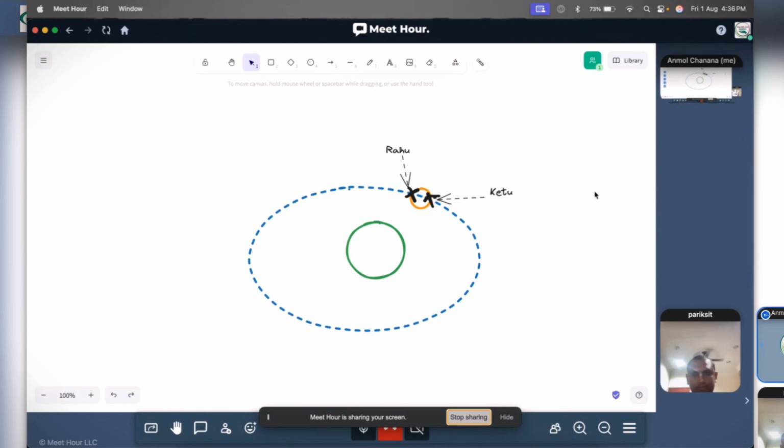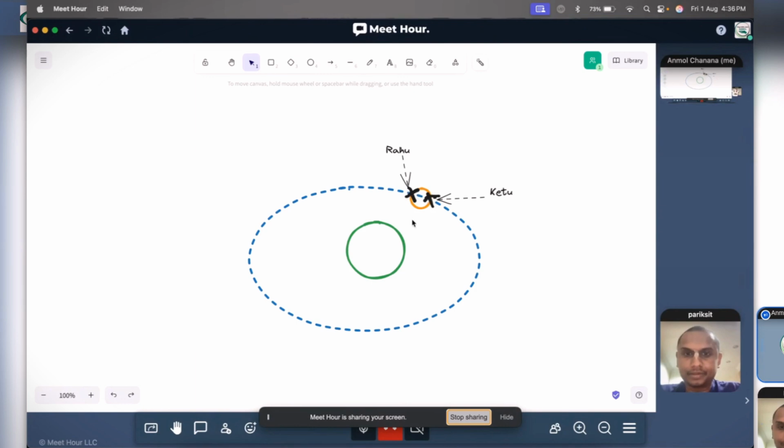Now you understand what Rahu and Ketu are, right? So that means Rahu and Ketu will always be following the Moon, in the middle? In Vedic astrology you can say that, but in the chart you can't say that.